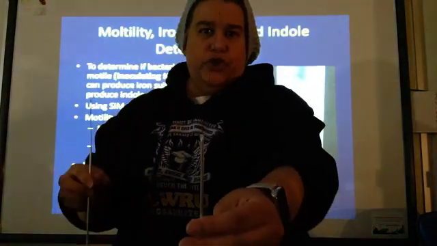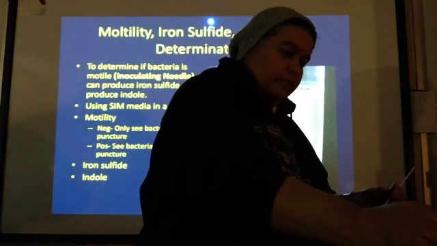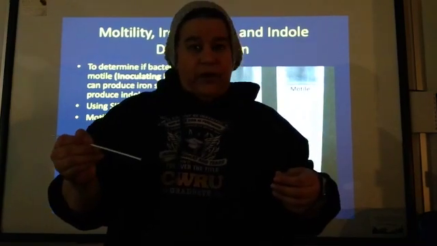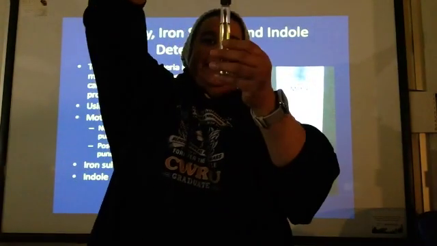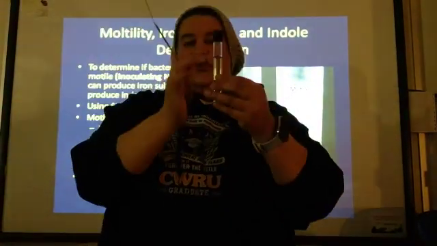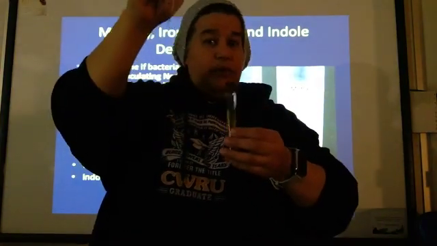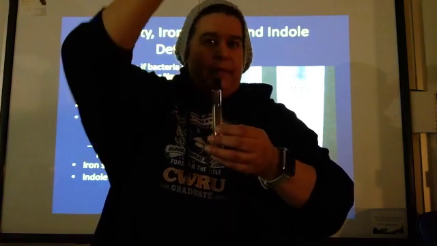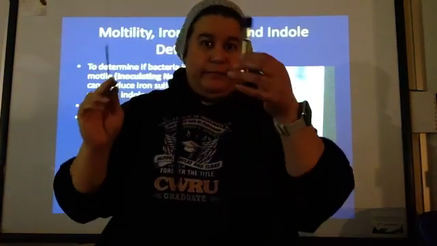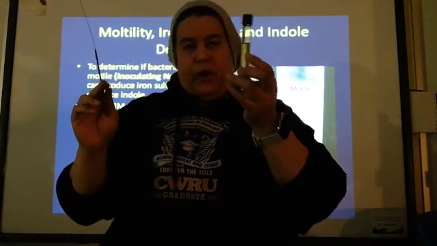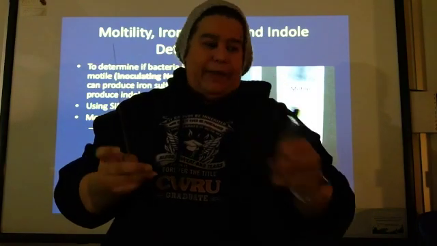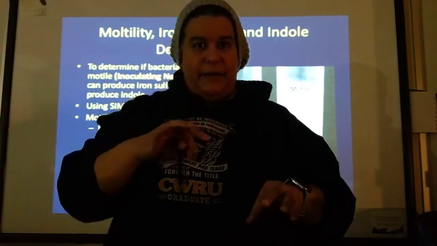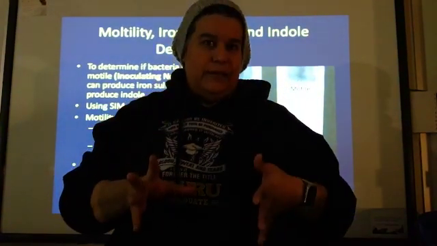So you've got this straight needle and you're going to get bacteria off a plate and literally stab this into this agar. You're not moving your needle around. You want one good straight stab and you pull it out of the media or the SIM agar. Why? The reason that you want just one stab is for the motility test.